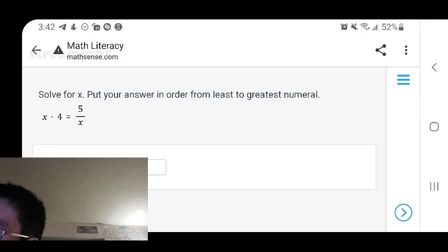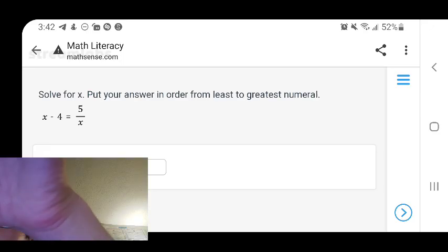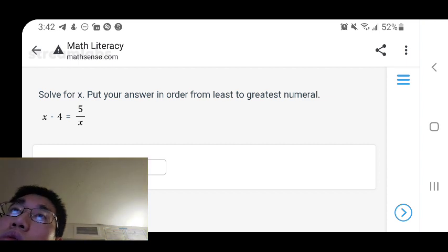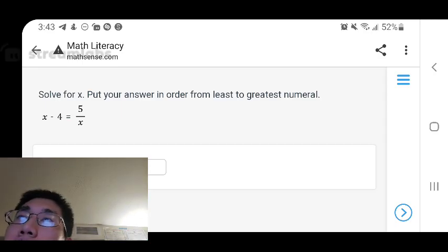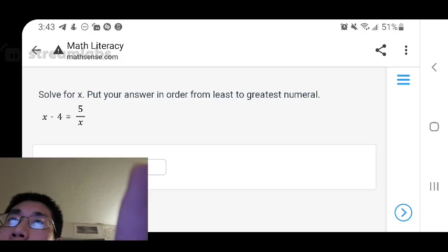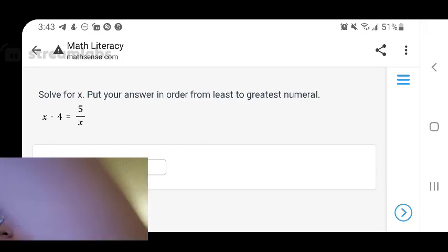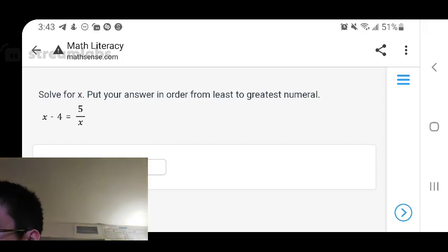You plug it in. 5 minus 4 is 1. 5 over 5 is 1. Negative 1 is negative 5 for both sides. Yep, that's right. So negative 1 and 5.